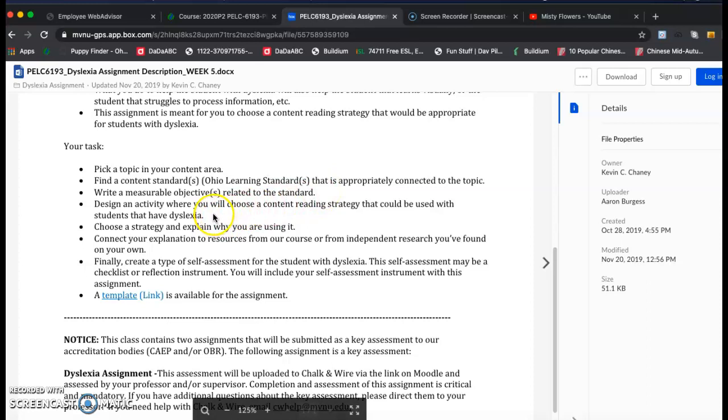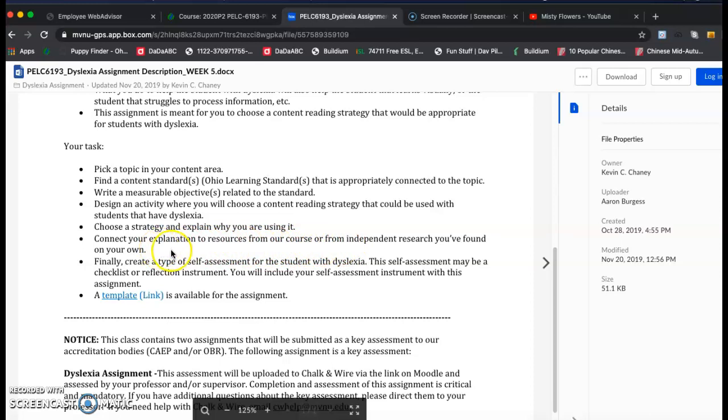Design an activity where you will choose a content reading strategy that could be used with students that have dyslexia. Choose a strategy and you're going to explain why you chose it and why you're using it. Connect your explanation to resources from our course or from independent research you found on your own.